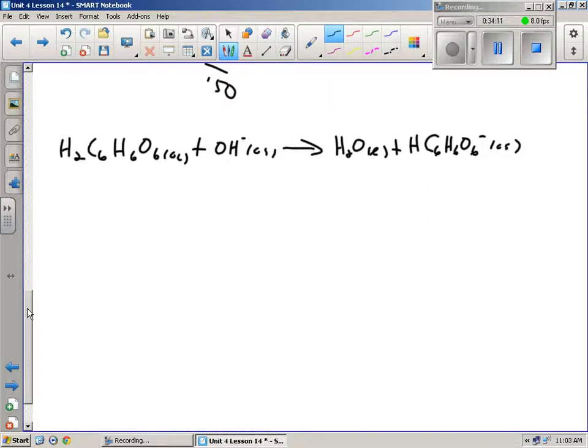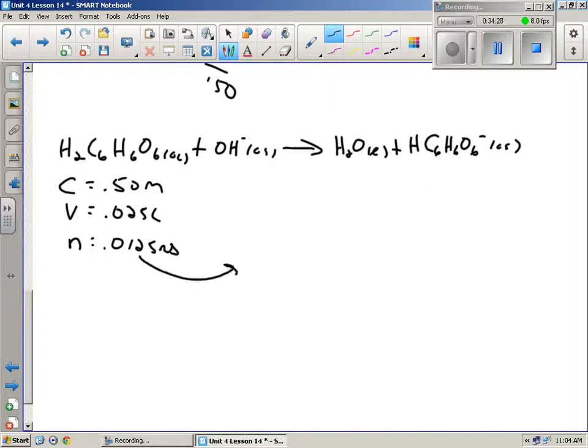That's why I said if you do your homework yesterday, you'll probably be okay today, because this is exactly the same thing here today. We have 25 milliliters of acid, 0.50 molar. We can find n. n works out to be 0.0125 moles. I'm going to move that over to here. That's 0.0125 moles.